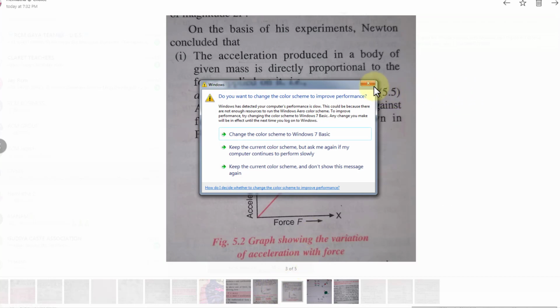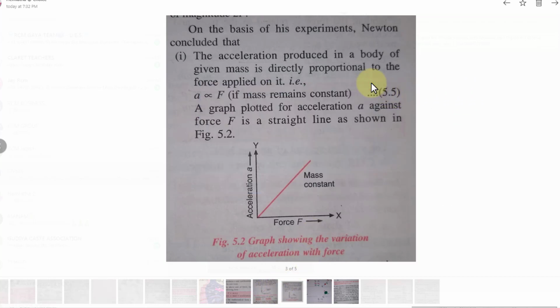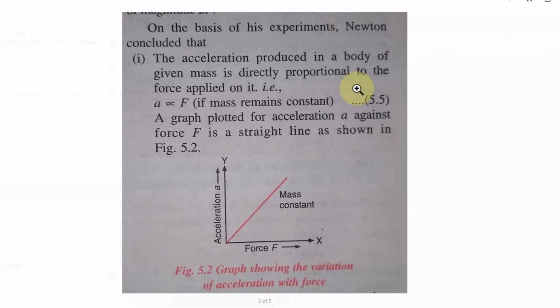Next is, on the basis of his experiments, Newton's conclusion. So Newton's conclusion is what? First is, acceleration produced in a body of given mass is directly proportional to the force applied on it. Of course, we know whenever you apply force on a body, acceleration will be produced. How much acceleration is produced?